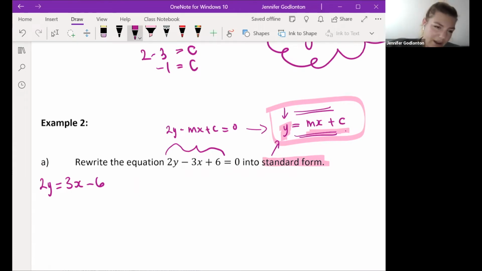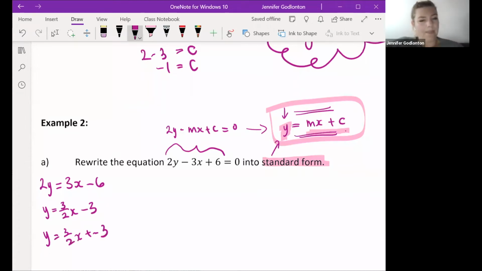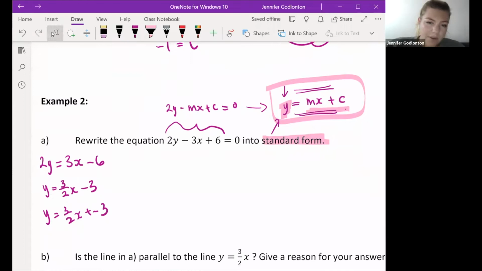Okay, so we've got another one here, which is y is equal to 3 over 2x minus 3. And another: 2y is equal to negative 3x minus 6.